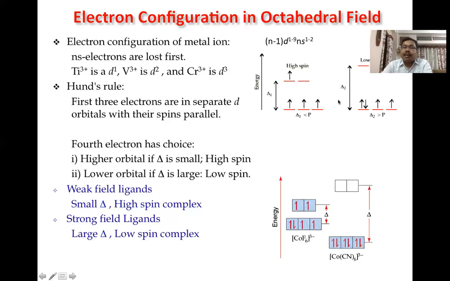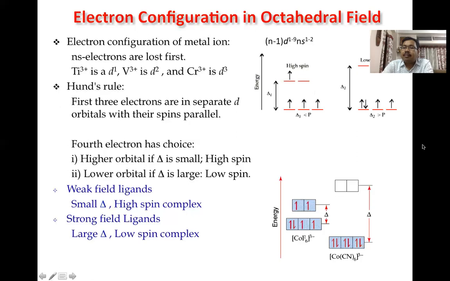So here we can see that in this situation, when the delta value is very less, we will get a large number of unpaired electrons, meaning its paramagnetic nature will be more.